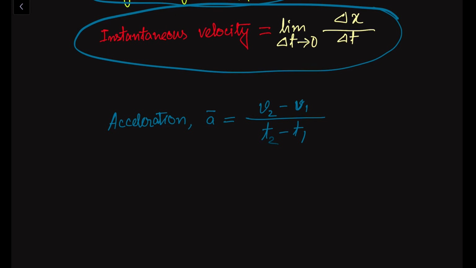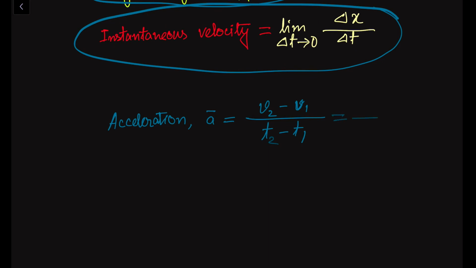So we have to see whether the velocity is changing. Suppose an object is moving in one direction in rectilinear motion, and its velocity is changing. We will take one example, then we will understand how we can calculate the acceleration. So this is the definition of acceleration.